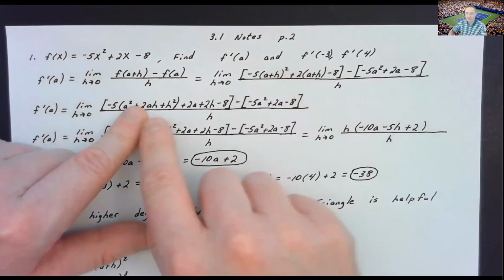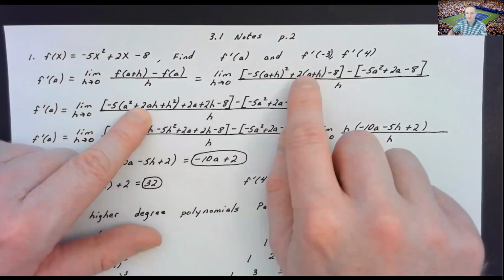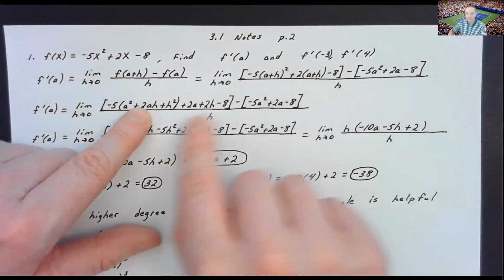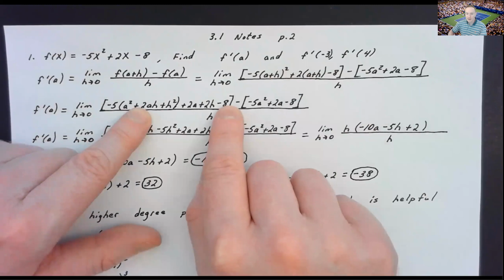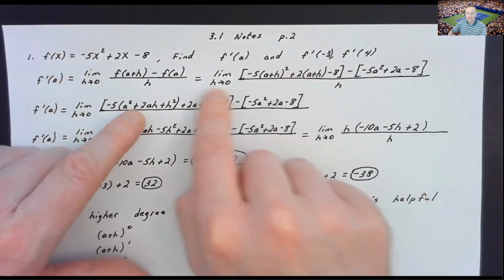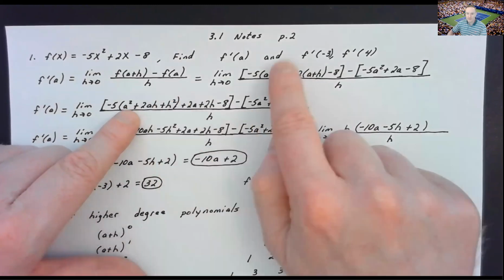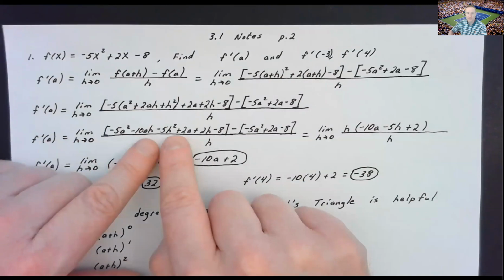And that's what I've done in this step right here. I really showed out my steps. And also notice I distributed the 2 in this step, and then I still have the -8 minus my f of a. Normally, if I were just doing this on my own, I would have never shown this step. I would have skipped from here to here.